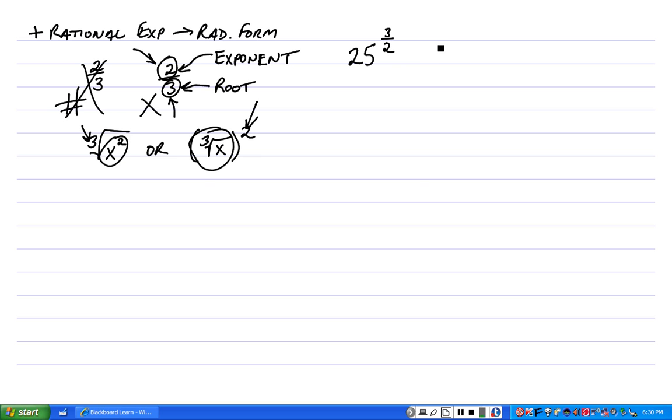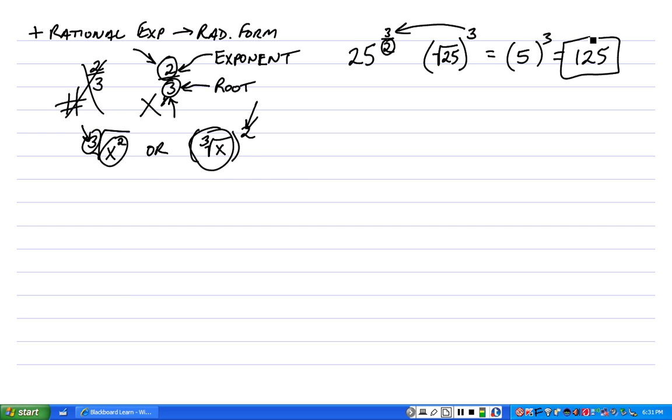What I can do is take the square root of 25, because the 2 is telling me square root, versus over here it was a cube root because I had a 3 down here. So I can take the square root of 25, and then whatever I get for an answer I can cube it based on the number in the top. The square root of 25 is 5, and then 5 cubed is 125. So that would be your answer.